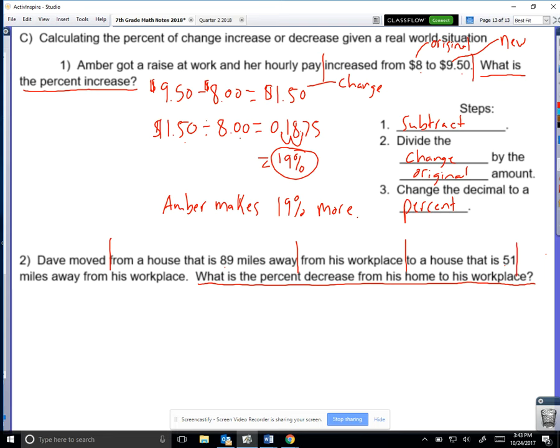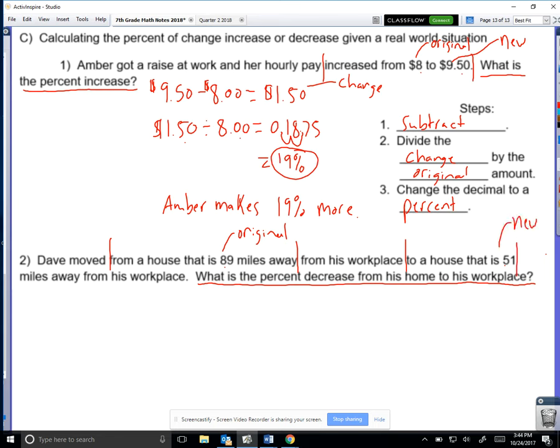Reading through this, it says he moved from this house, so that has to be the original because that's where he moved from. And it says he moved to this house over here, so that is the new house. That is where he lives now.